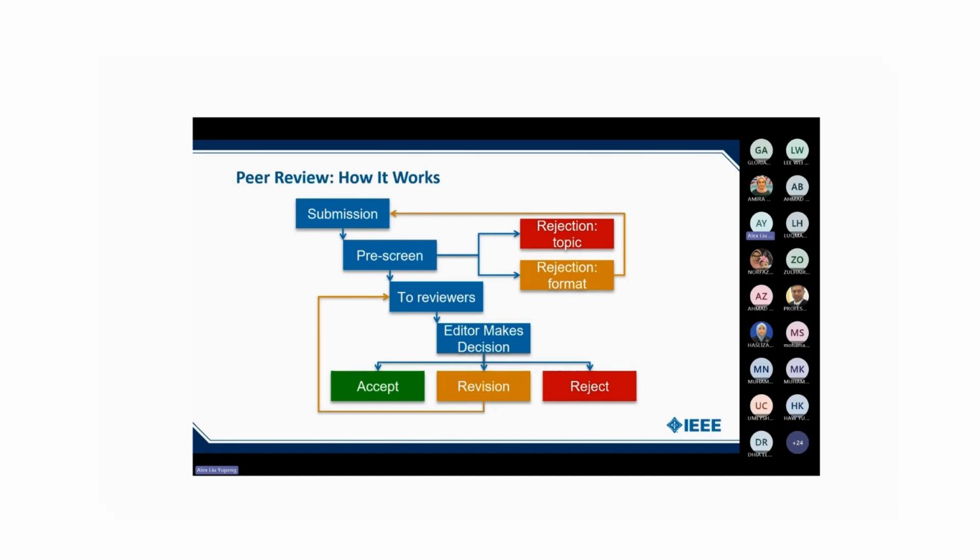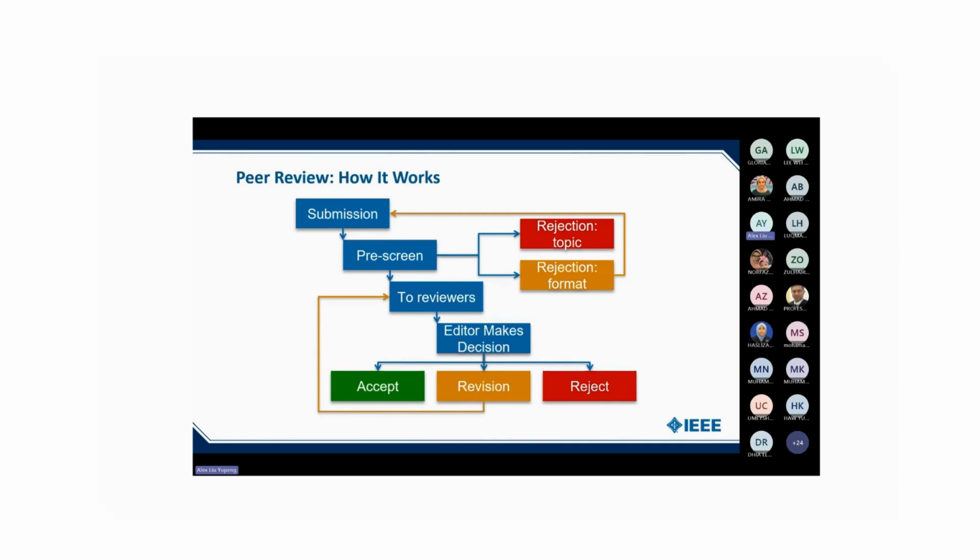But if your format is different, you still have a second chance, because all you need to do is just reformat the paper and resubmit again, as long as the topic is relevant. But if the rejection is because of topic, there's no point to resubmit. So the reviewers will give the comments to editors, and editors will make a decision: accept, revise, or reject.